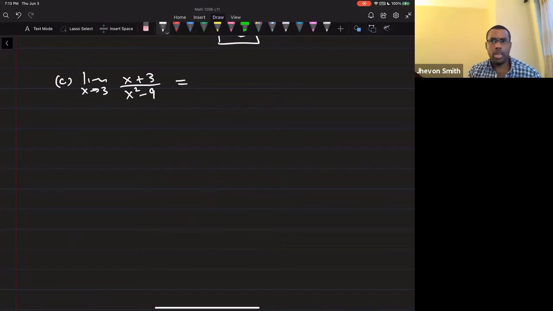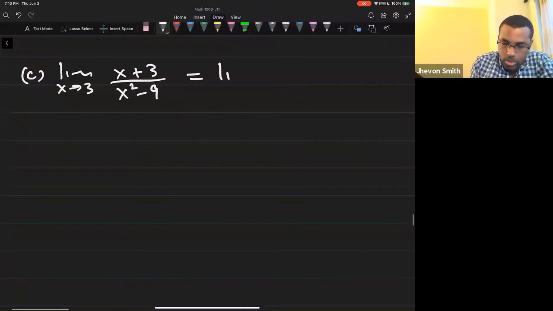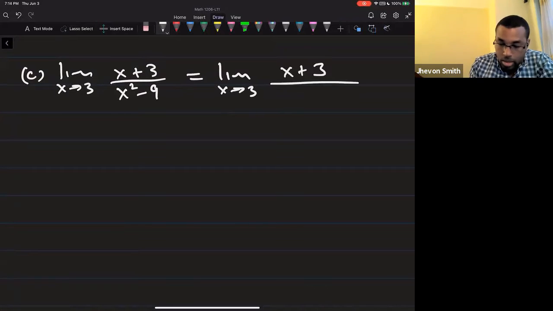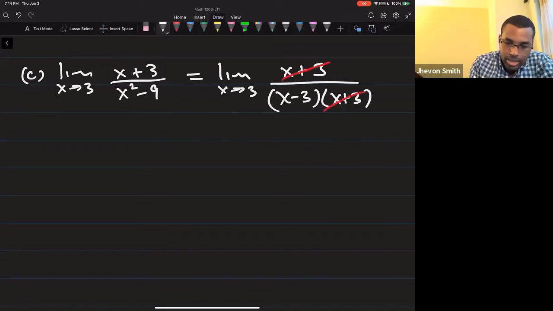Are you saying something, Makai? Because I can't hear you, but I saw you on mute. What do you guys think we should do? Simplify the bottom, all right. That's again a difference of squares. Seems like the right thing. Of course, we'd first think, oh, plug in the number, but I can't plug in x equals 3 because that would make the denominator 0. All right, so I can cancel that. Nice.